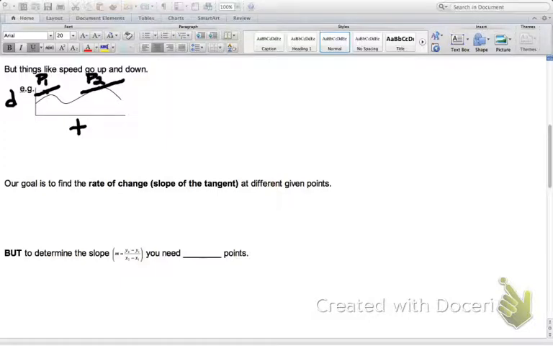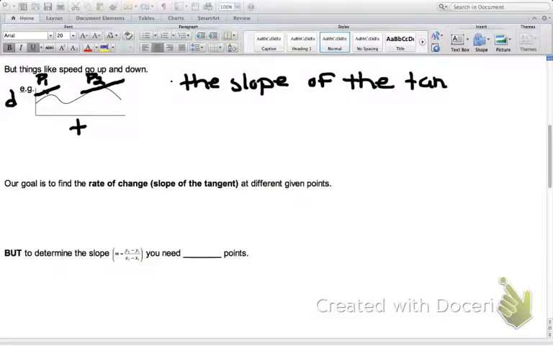Now please note that the slope of the tangent represents velocity.